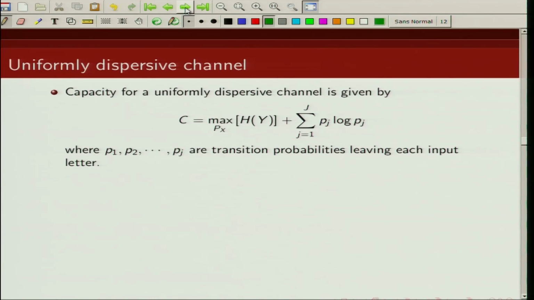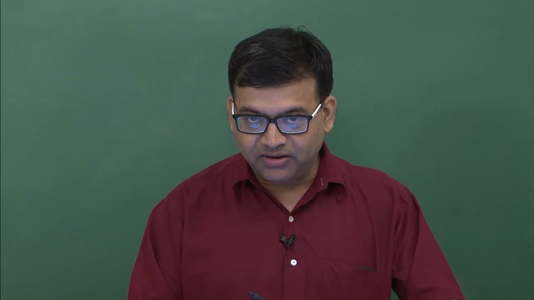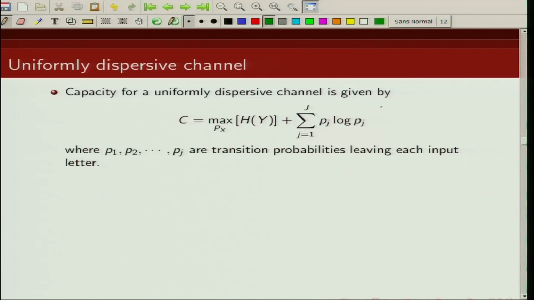Next, we can write down the expression for capacity for a uniformly dispersive channel. What was capacity? It was maximizing over all input distributions H of y minus H of y given x. Now, no matter what the choice of P of x is, this quantity is fixed for a uniformly dispersive channel, and minus of this is essentially given by this expression.